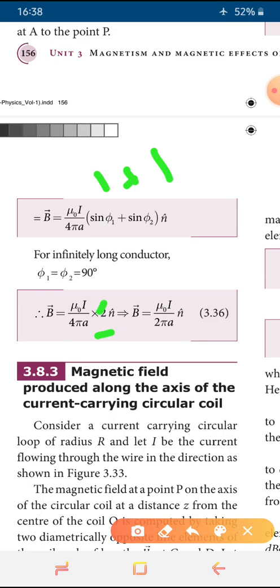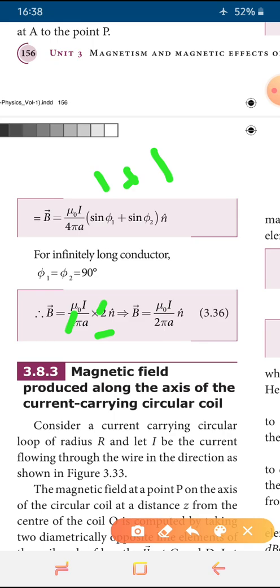When we cancel this 2 and 4, the answer will become mu naught I divided by 2 pi A n cap. This is equation 3.36, and this is the value for the infinite length of the conductor, the magnetic field that we obtained with the help of the small segment. Using the small segment, it is expanded with the help of integration. The expanded formula is mu naught I divided by 2 pi A n cap.